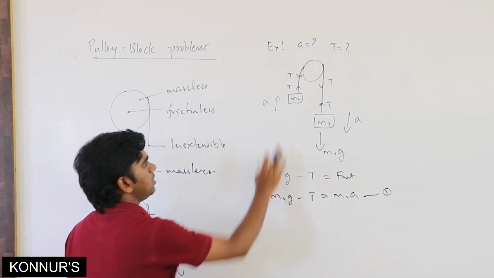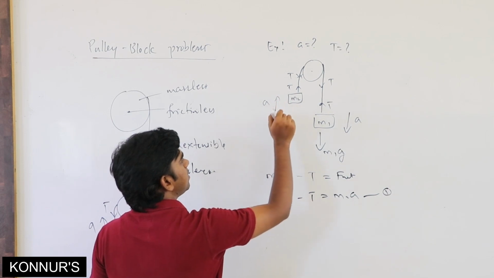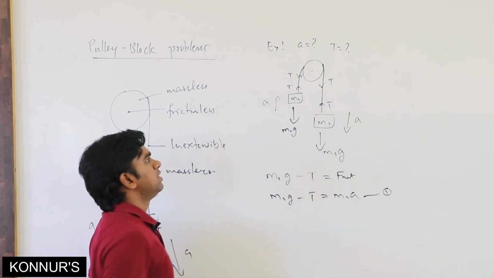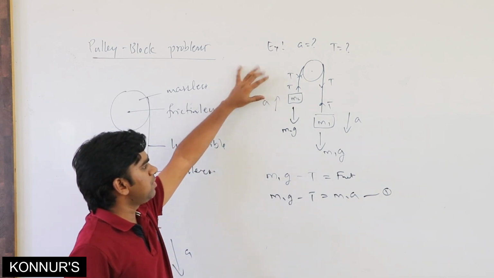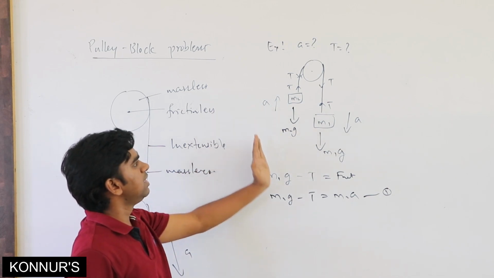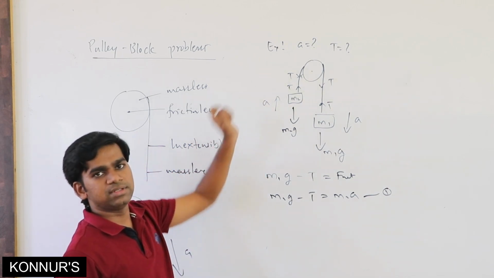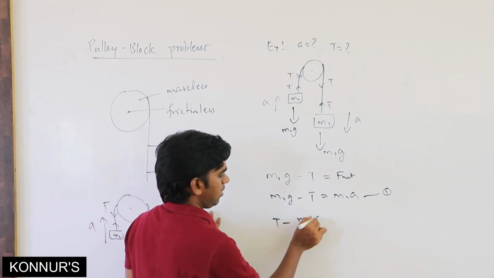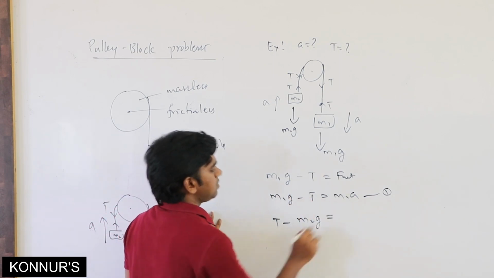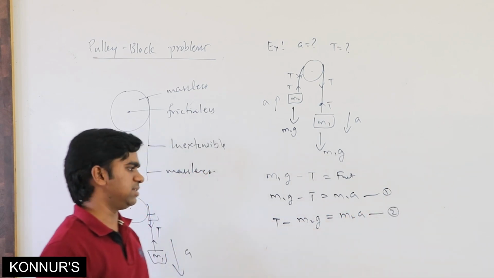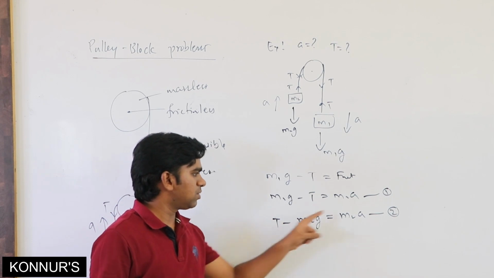Similarly, apply it here. m2g is the downward force, T is upward. You cannot take m2g minus T; better to take T minus m2g, because it is moving in the upward direction, which means the upward force is more. So T minus m2g is equal to m2 into a. This is what you got, two equations. Again, the number of unknowns are a and T.